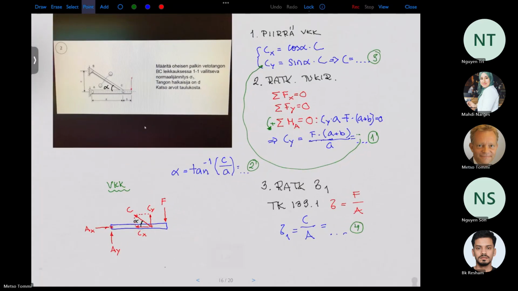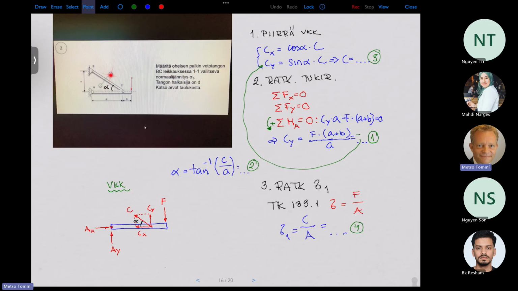Okay, determine the normal tension sigma 1 at the cross section 1,1 of the tension diagonal rod BC. The diameter of the rod is D. See the values in the parameter table. So this tension is supposed to be calculated.